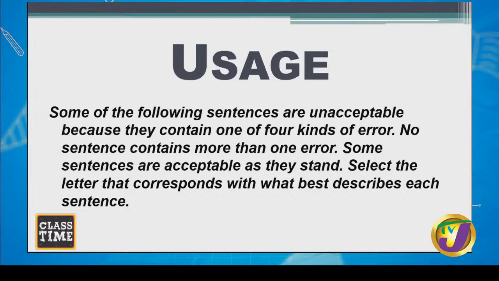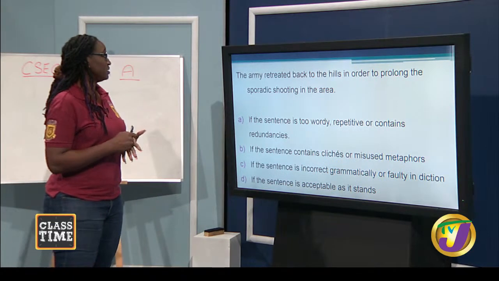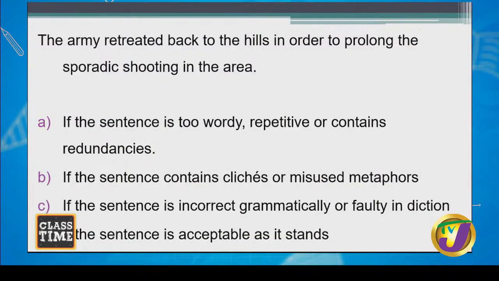Some of the following sentences are unacceptable because they contain one of 4 kinds of error. No sentence contains more than one error. Some sentences are acceptable as they stand. Select the letter that corresponds with what best describes each sentence. Now this one is very tricky, so pay close attention. Our sentence is: the army retreated back to the hills in order to prolong the sporadic shooting in the area.